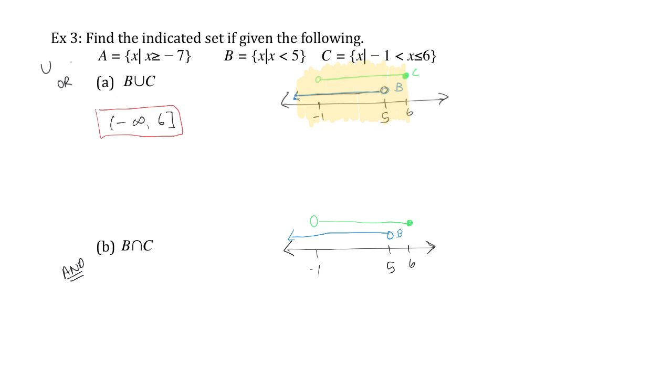So that was our B, and our C was -1 to 6 inclusive. So we need to have everything that's happening to both at the same time.